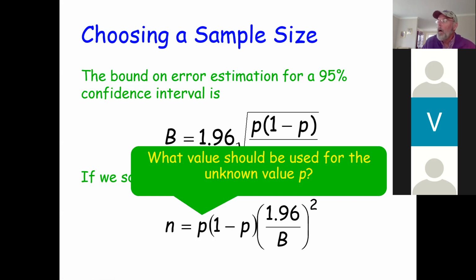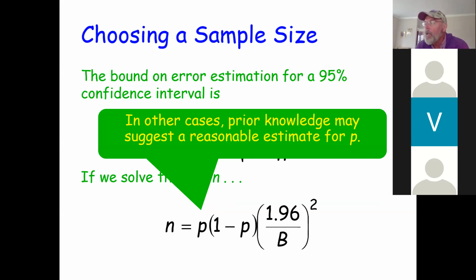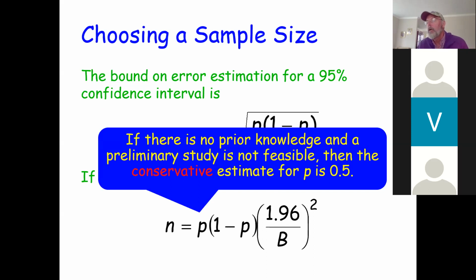So P is still unknown, all right? So we probably want to start to think about how we could find out some information about the population proportion, or P. Sometimes we get to use a preliminary study to get an estimate of P. Sometimes we can use prior knowledge that goes along with an estimate of P. If we don't have any foundation for what P might be of a population, then we can use a process that is very conservative.